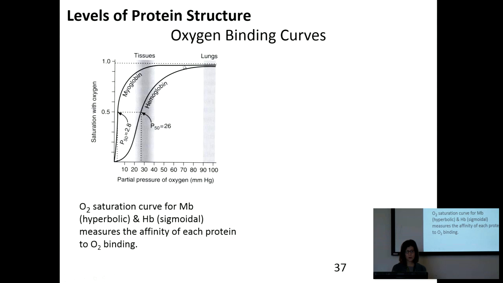Now, hemoglobin has an S shape. Down here, it's different from the myoglobin, right? And up here, it looks more like it. Do you guys agree? That down at the bottom, a low oxygen concentration, it's harder.